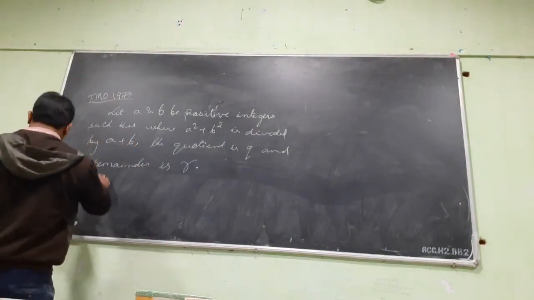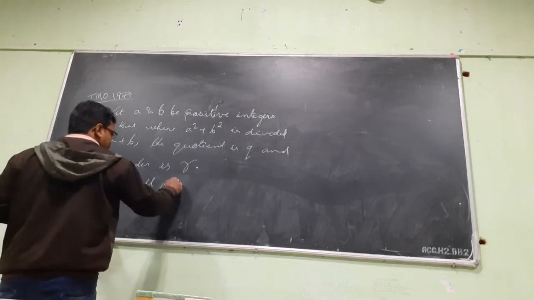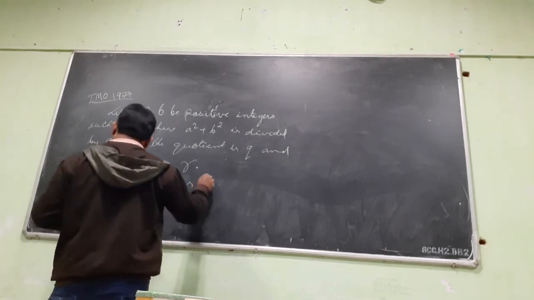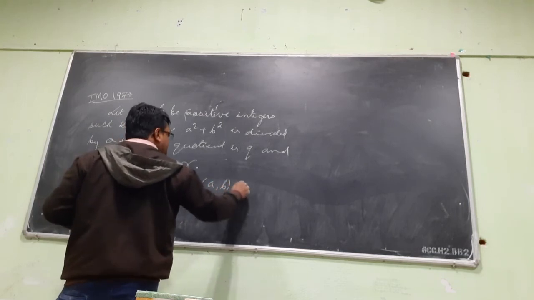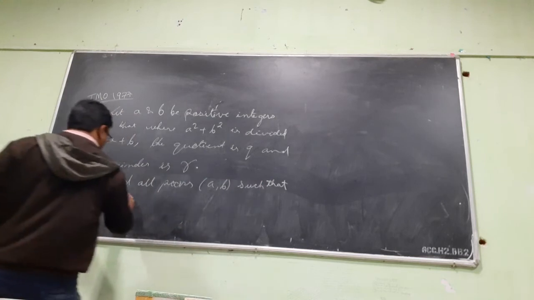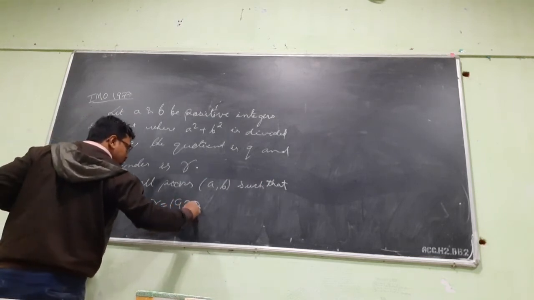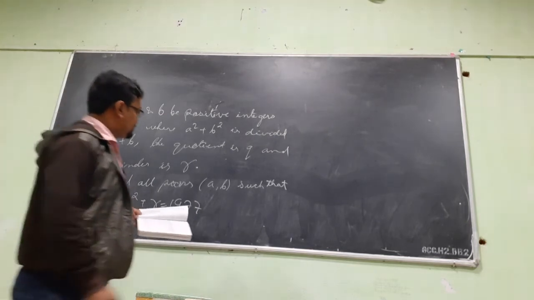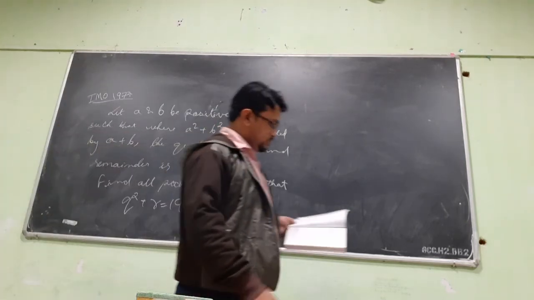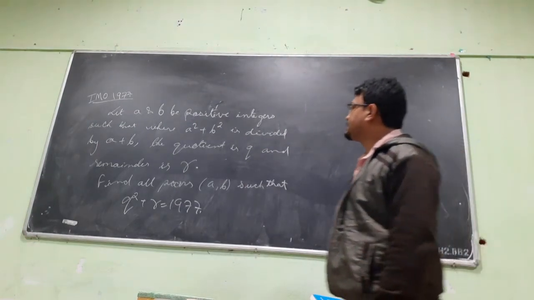Find all pairs a, b such that q square plus r is equal to 1977.